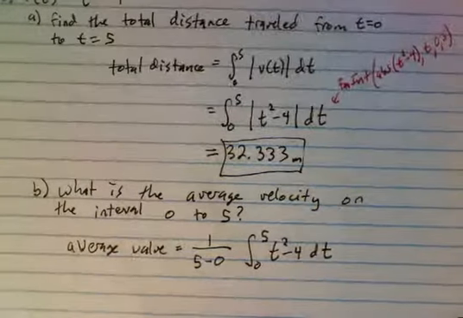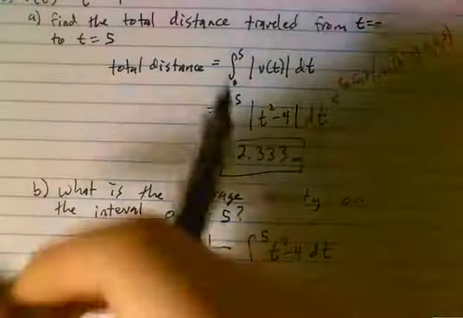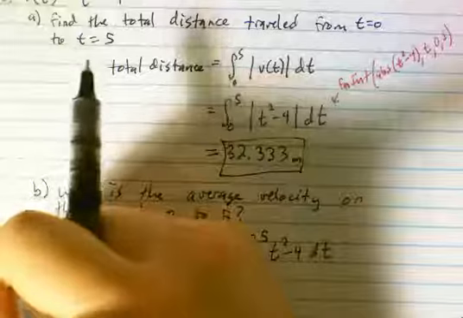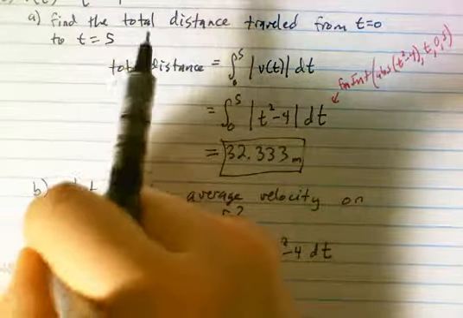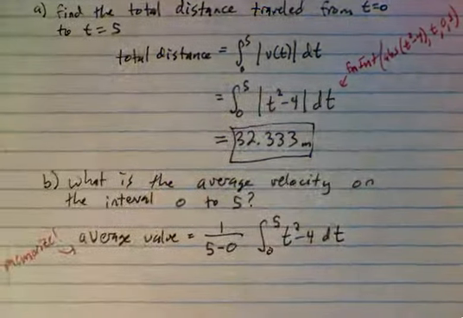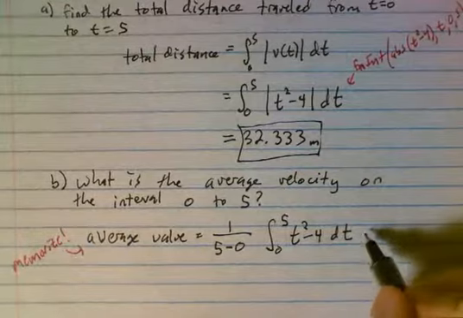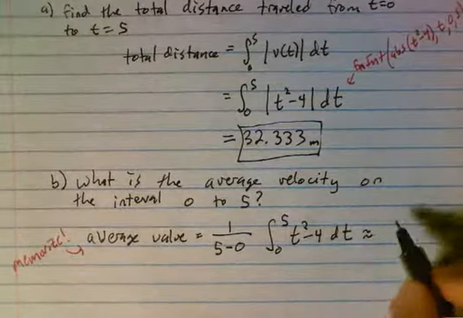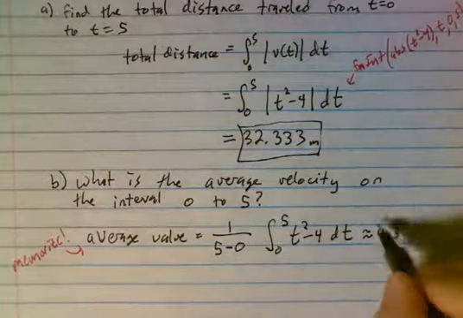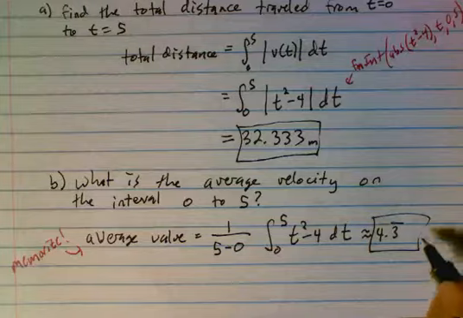This is something you just have to memorize. Memorize this formula. It's going to come in handy a lot. And then when we plug that in the calculator, we get about 4.3 repeating.